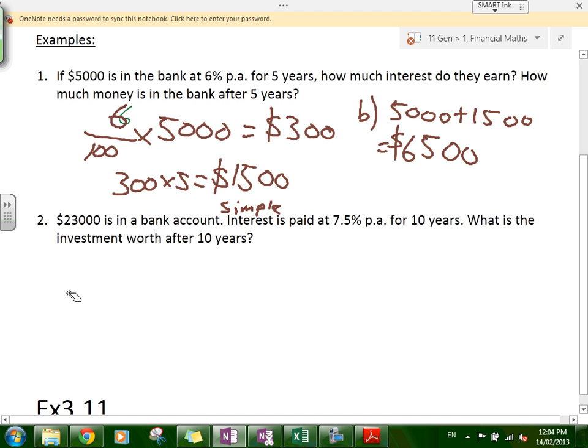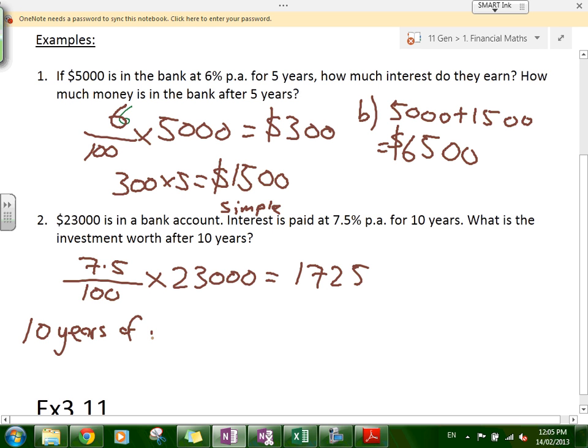So we'll think about 7.5% of 23,000. So that is equal to, somebody tell me please, 1,725, thank you. Okay, so that's the interest for one year.